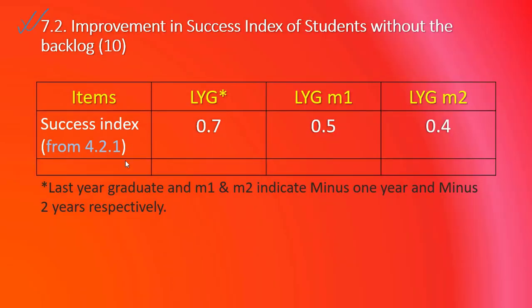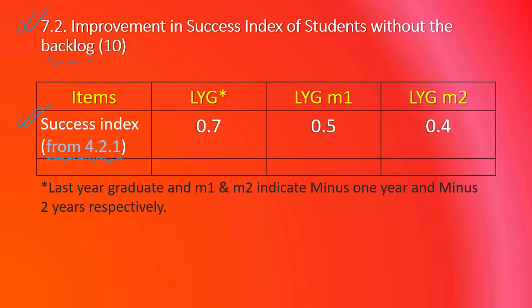Sub-criterion 7.2 is for improvement in success index of students without backlog, and the success index data is obtained from sub-criterion 4.2.1.